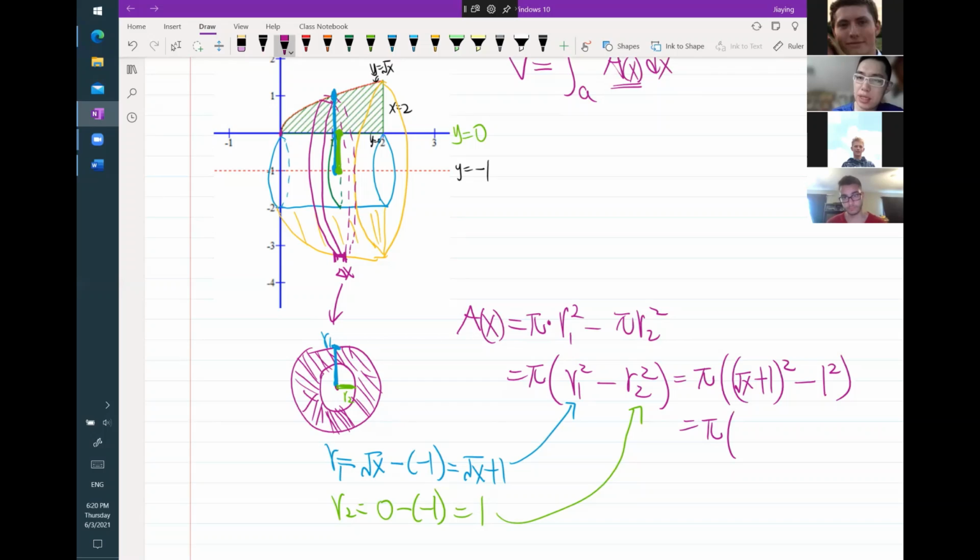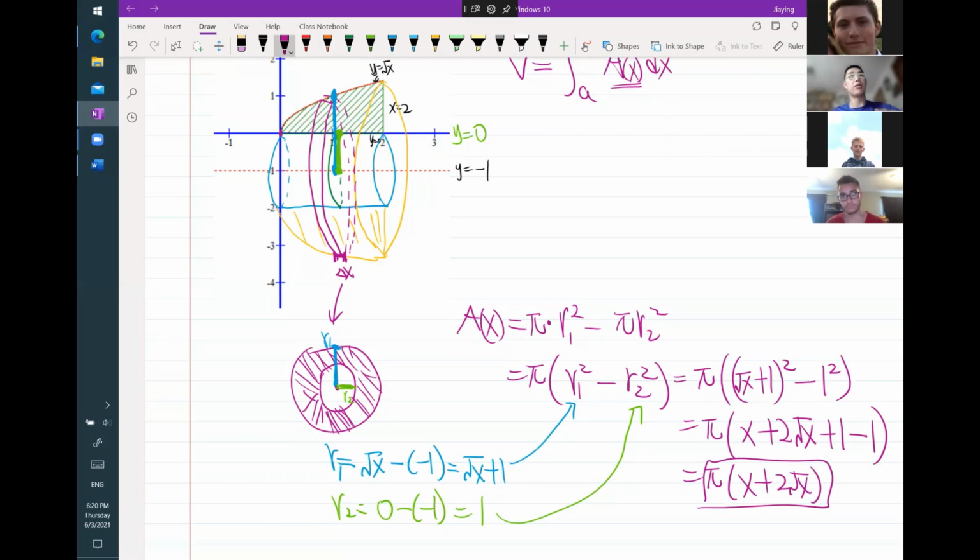Expanding the square term, you get square root of x squared, so that's an x, plus 2 times square root of x times 1, plus 1, and then minus 1, so the 1 cancels out. This gives pi times x plus 2 square root of x. So this is the function for the cross-sectional area.